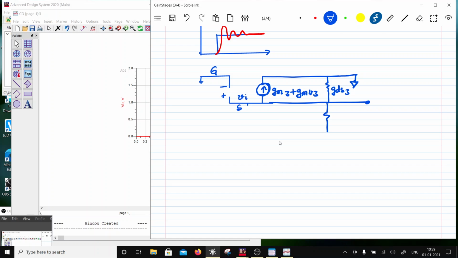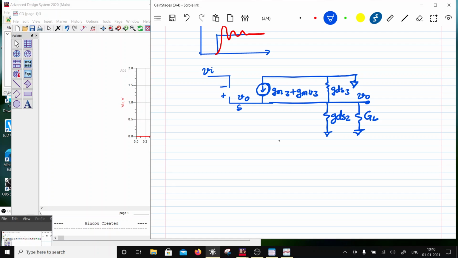So you are going to have GDS2, and then you are going to have GL, and this is VO. So this node is going to be VO, the output node, right? And this node is going to be VI. And then let's reverse the direction of this. So VI minus VO is supplied to the input.